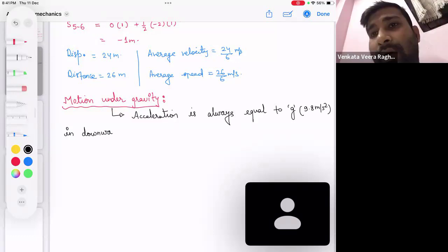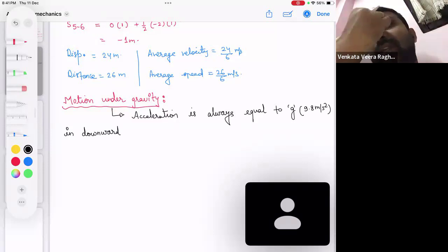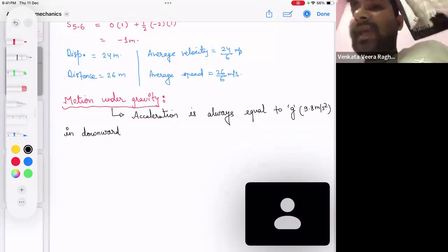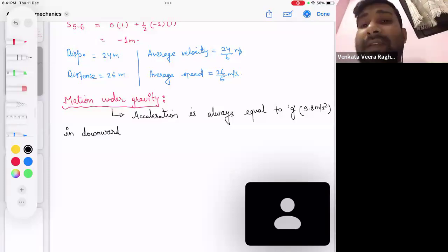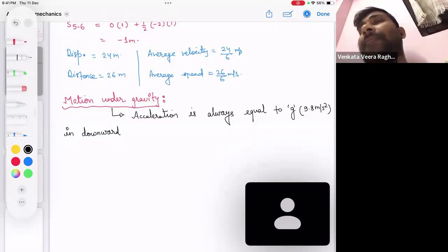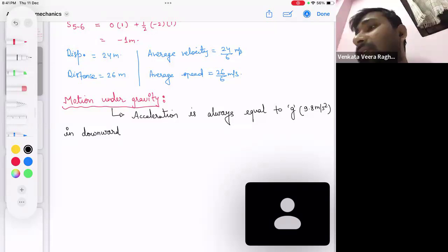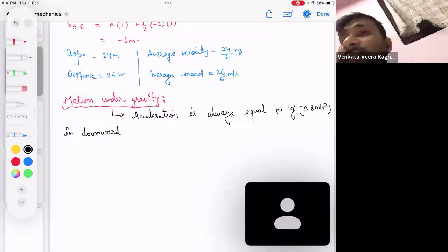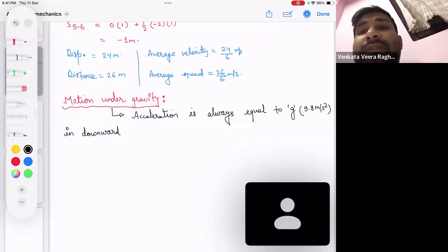Always downward direction, because the value of acceleration due to gravity near the earth's surface is always constant in magnitude and direction. But if we go 100 kilometer above the earth's surface, will it still have the same g? No, sir, it'll have a bit less. Yes, it will keep on changing, because the acceleration due to gravity changes as we go higher above the surface of Earth.